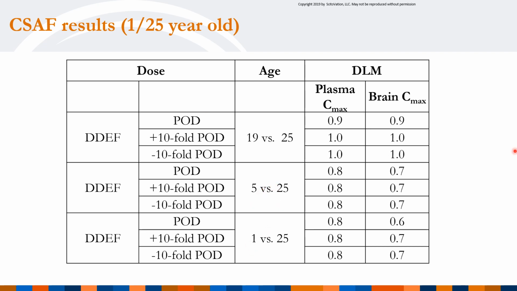And here these results indicate that no additional adjustment factor is necessary to account for age-related pharmacokinetic differences for these pyrethroids. You can see here basically the DDF, so the adjustment factor, is less than 1 when we look at both plasma and brain Cmax.